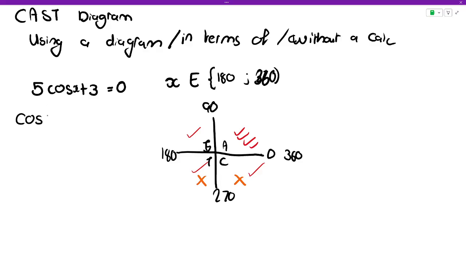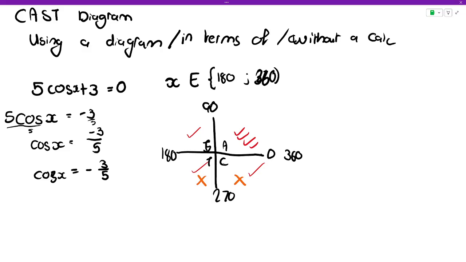So 5 cos x, we bring over the 3, minus 3. Then it becomes cos of x is equal to minus 3 over 5, because you divide both sides by 5. That means cos is negative.